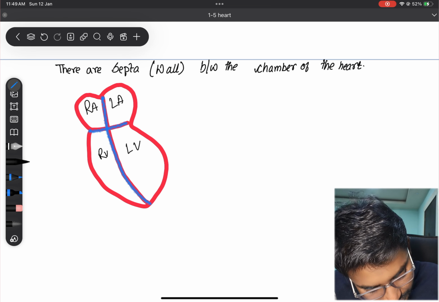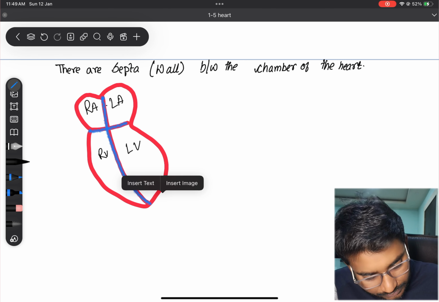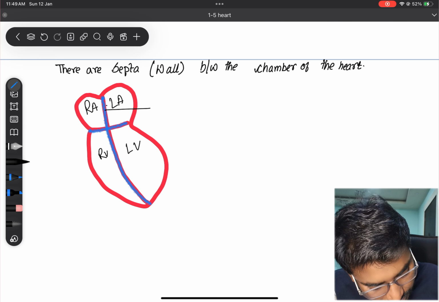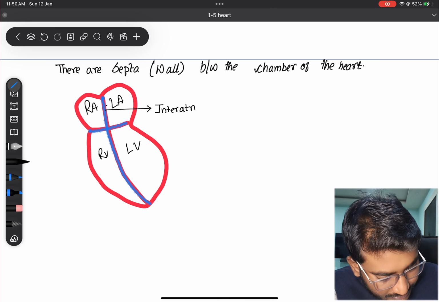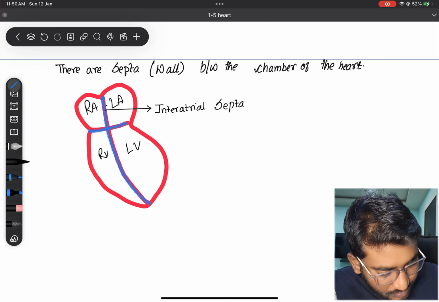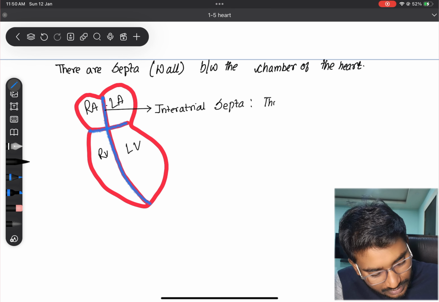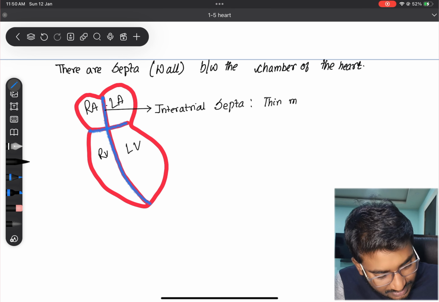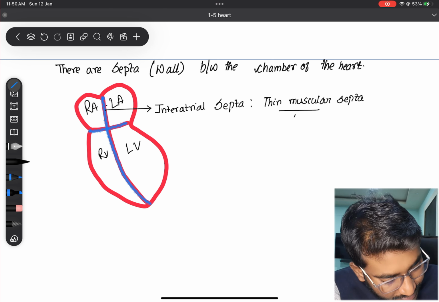Between the left auricle and the right auricle, it is called the interatrial septa. Thin muscular septa between the atria.